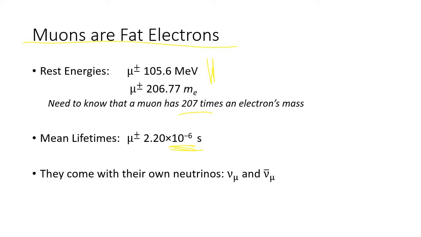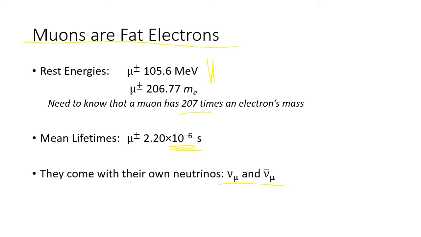And because they're electrons, they must also come with their own neutrinos. And so we have real muon neutrinos and we have anti-muon neutrinos. And yes, we do know that they are different from electron neutrinos. Hard to do those experiments, but for example, a muon neutrino will not do neutrino capture on chlorine and release an electron. We talked about the Homestake experiment.